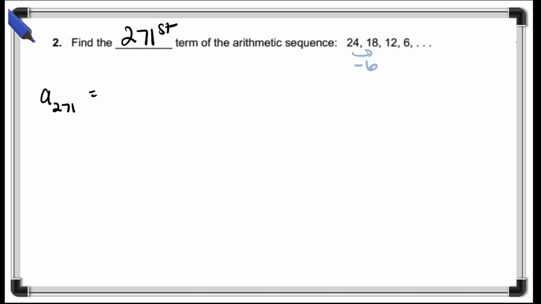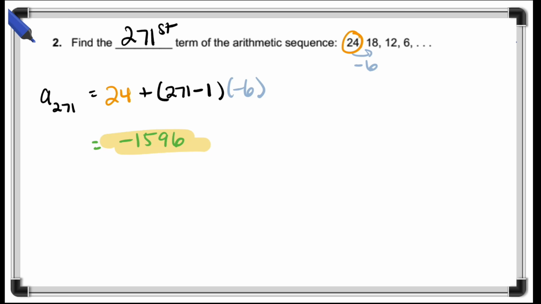A sub 1, my first term here, is 24, plus 271 minus 1 times your difference, which was -6. When we do our order of operations, you're going to get -1596.